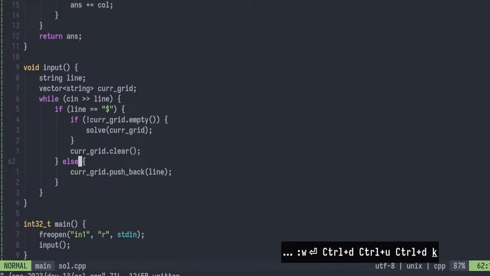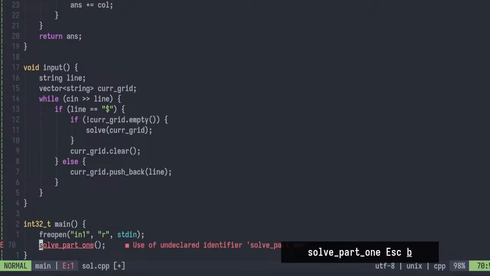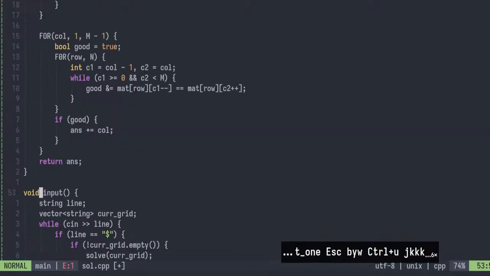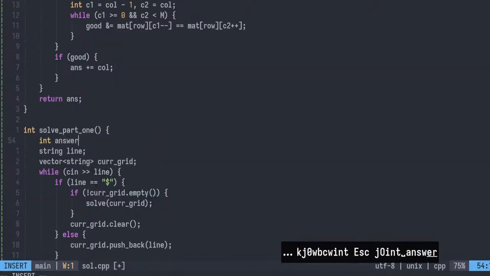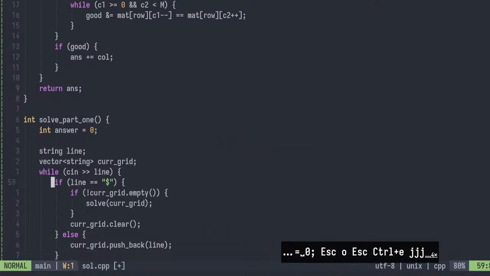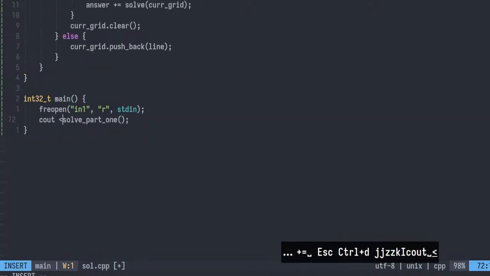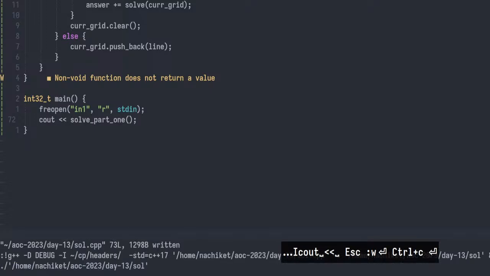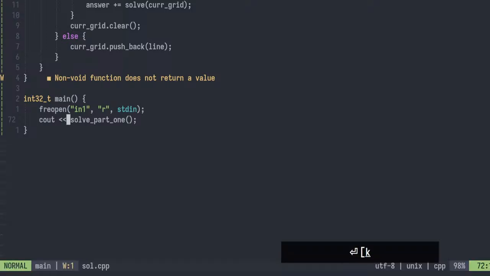Okay, let's call the solve function only. Solve part 1. And this will print out the answer. Yes. Let's check. Is there anything wrong? Okay.